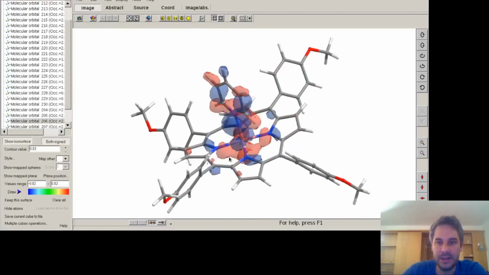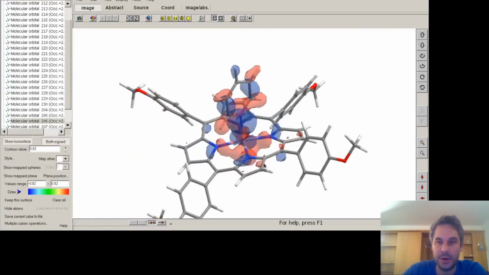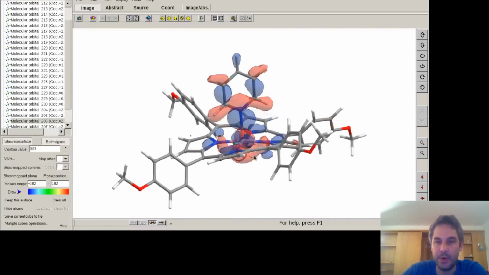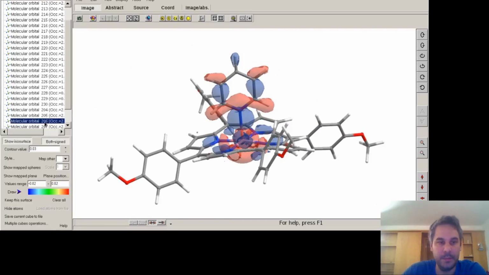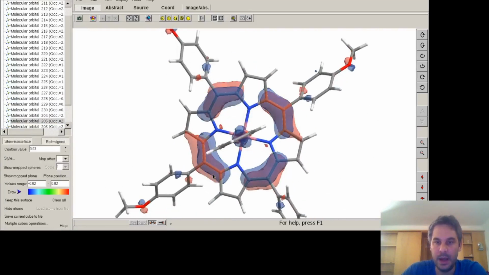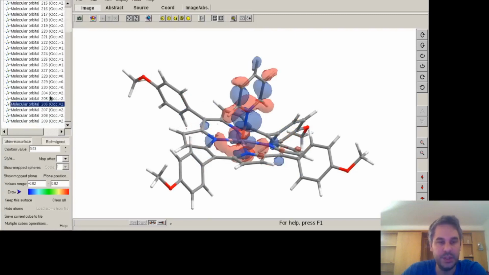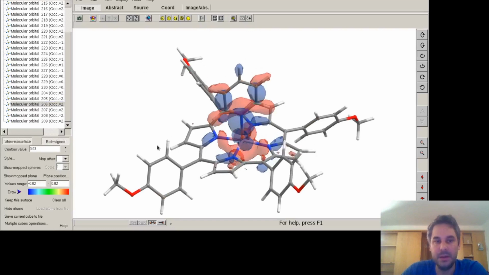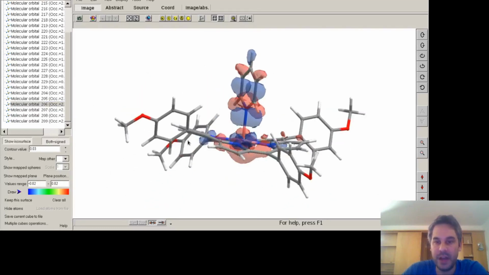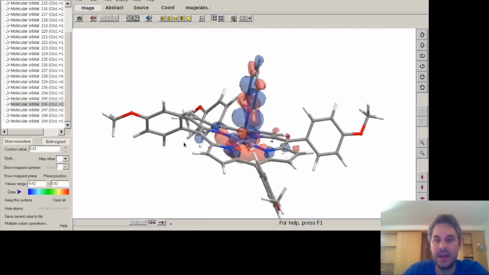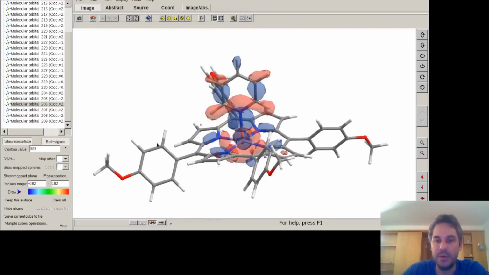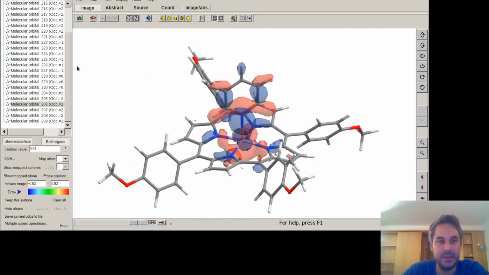And here I see something that has some dz square character mixed with the porphyrin, so this could be it. And this one I don't want. So basically this orbital, which in here is 206, but in ORCA notation is 205, contains a certain character of dz square orbital. So I'm going to move this into the active space.